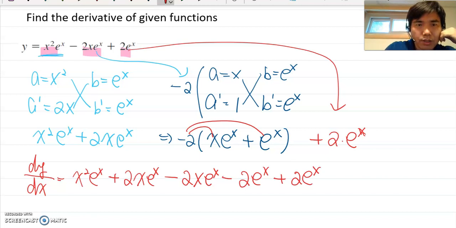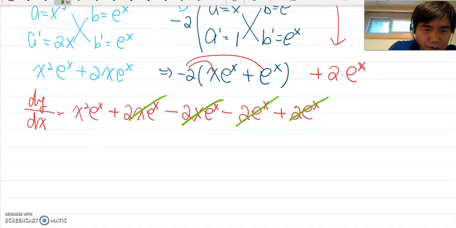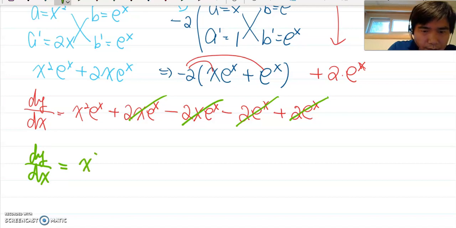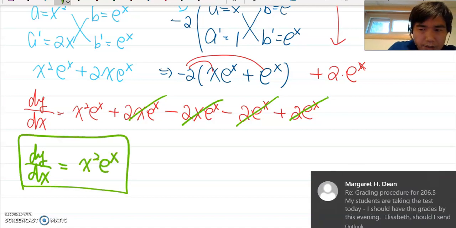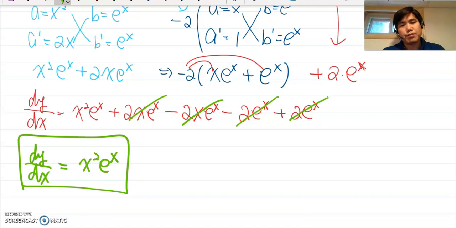So when I look at this, I can cancel out this and this and this and this, right? Okay, so the leftover factor, it becomes dy over dx equals x squared e to the x. That will be the answer for this problem.